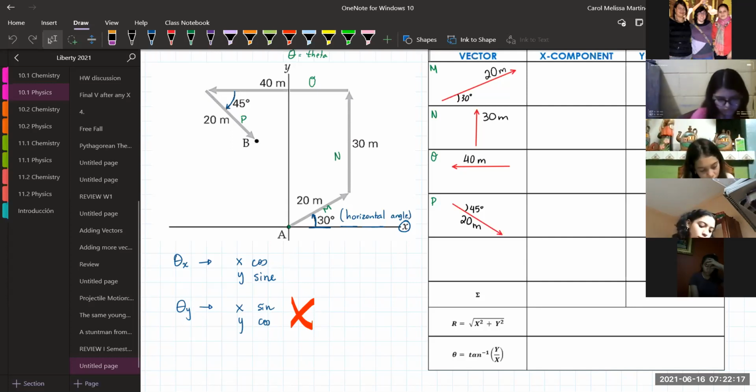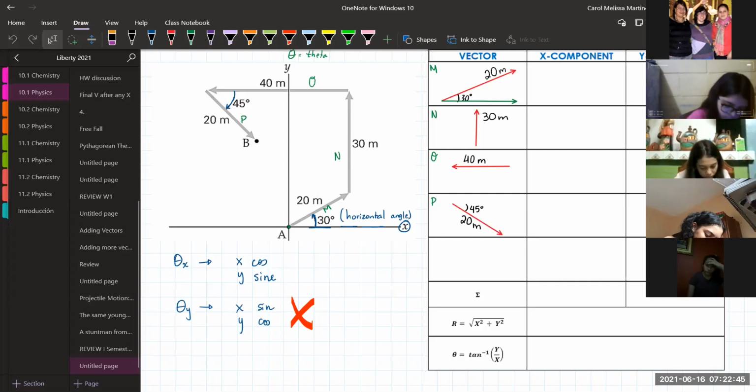Now for those vectors that have an angle, I'm going to need to get the components. For my vector M, the first vector, my x component is going to the right or is it going to the left? Right, to the right.